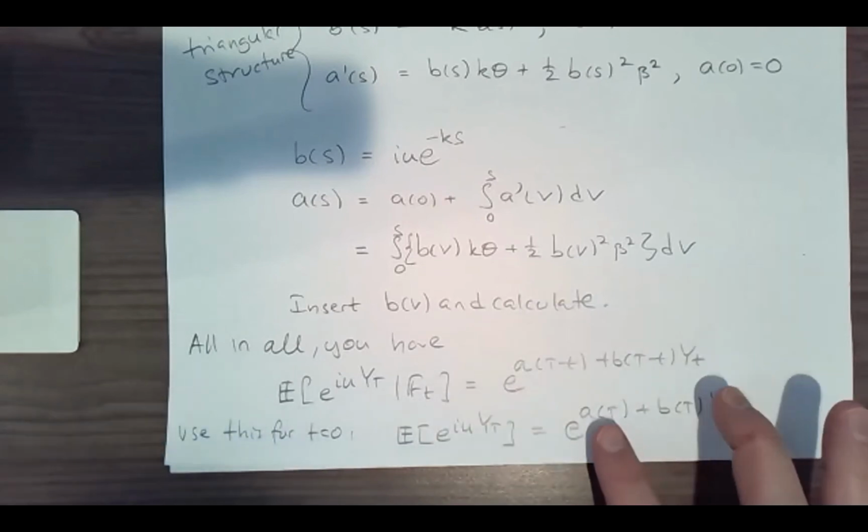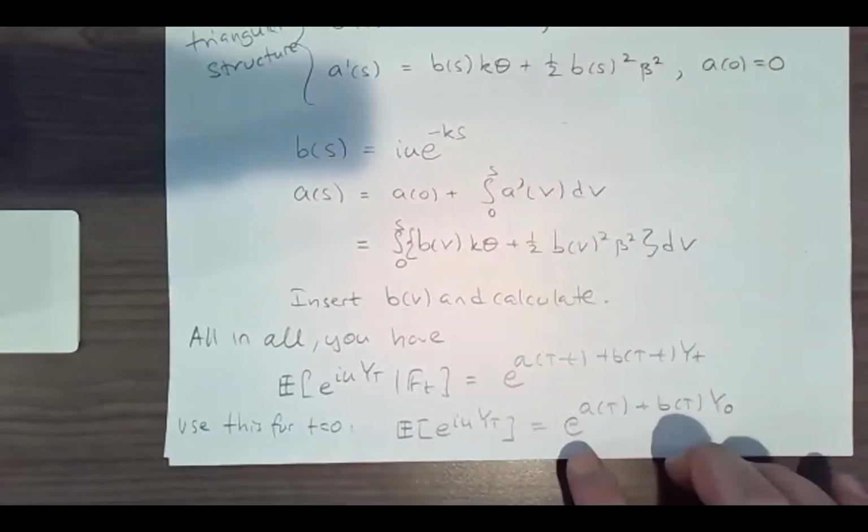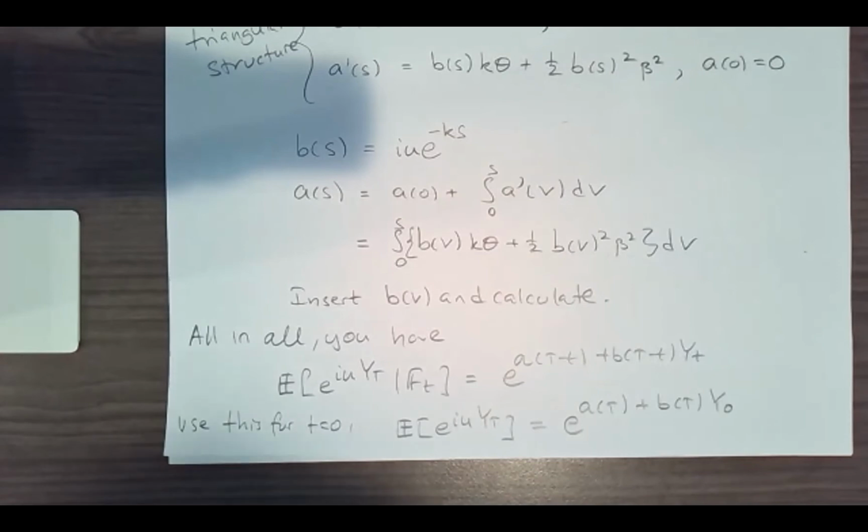So you can take the functions A and B that we found up here, plug them in, and now you have the characteristic function for the Ornstein-Uhlenbeck process.